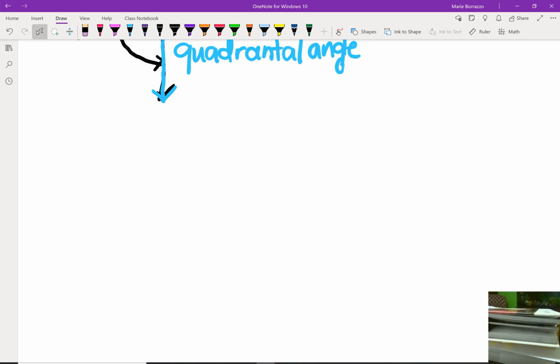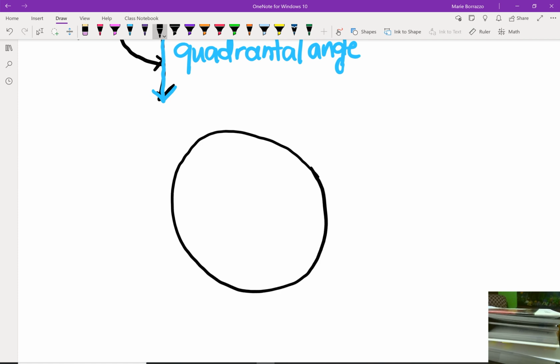So I want you to remember that in this case, if I'm looking at 1 radian, so let's say hypothetically I'm looking at a circle, and the circle happens to be facing in this direction with these two rays. 1 radian, remember this is the initial side, this is the terminal side, and this angle is opening in this direction. Remember that this is creating 2 radii, and this is the definition of 1 radian.